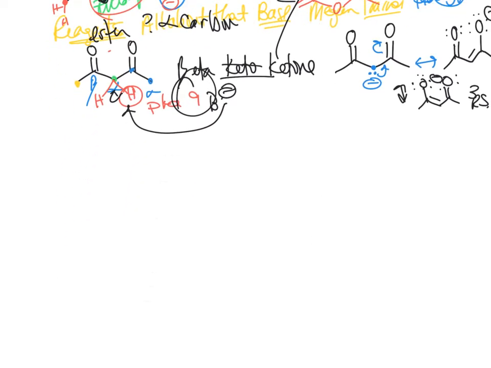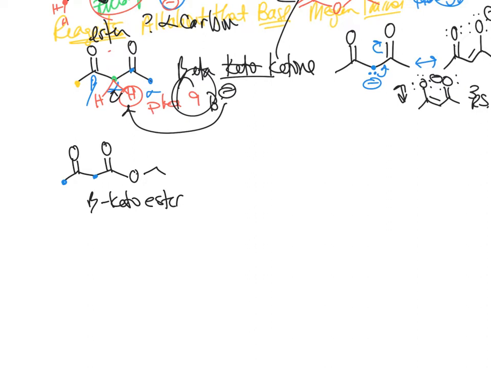And then we have 2 more. What about a beta keto ester? Where's our alpha? That would be an alpha carbon. That would be an alpha carbon.